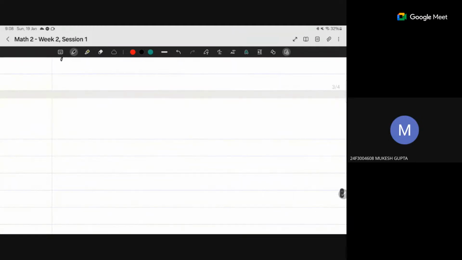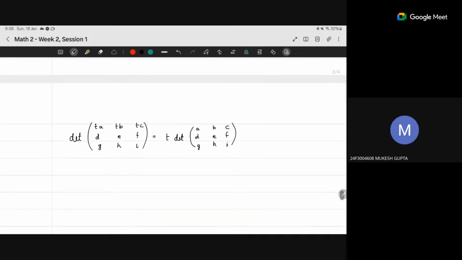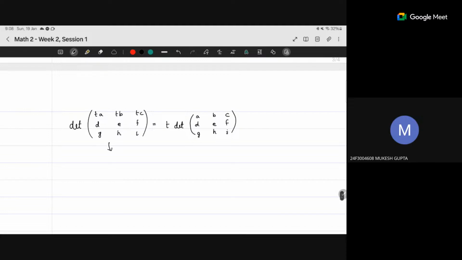So pretty self-explanatory. If I have tA, tB, tC, and D, E, F, G, H, I, and I want to compute the determinant of this, this would just be t times the determinant of A, B, C, D, E, F, G, H, I. You can work out the proof for this. It's quite simple.